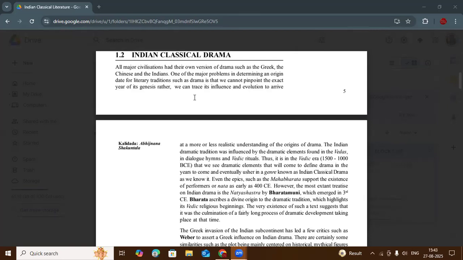If in a civilization there were dramas, poetry, and all such things, we can say the civilization was really good. People in every civilization want to boast about their civilization, and when you have lots of literary works in that civilization, that shows how good your civilization is.